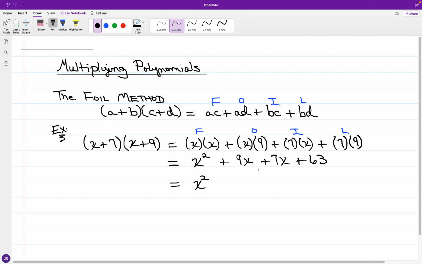Now for the middle two terms, we have 9x and 7x, and those are what are referred to as like terms. Like terms are those items that can be added or subtracted and consolidated into a simplified expression.